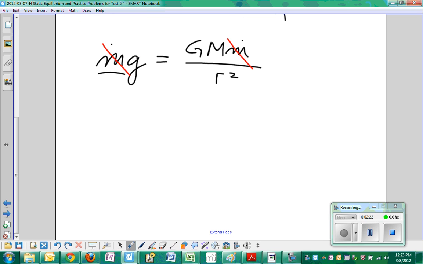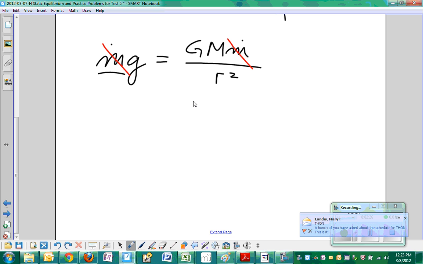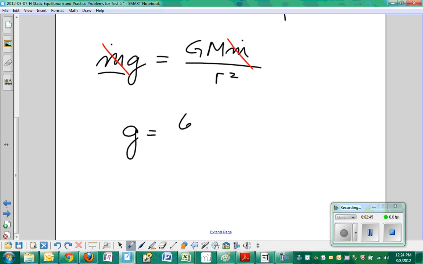Remember, if you put Earth data in for this, Earth's mass and Earth's radius, you'll get 9.8 meters per second squared. Does that sound familiar? Remember doing that before? That's what gravitational acceleration is. So all we have to do now is put all this stuff in. G is 6.67 times 10 to the negative 11th newton meters squared per kilogram squared.